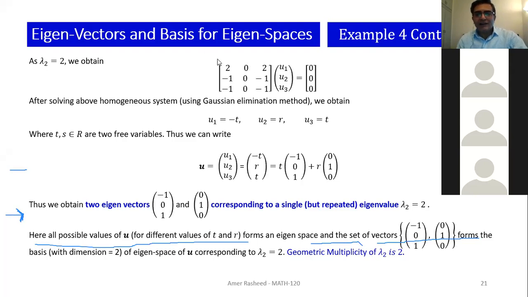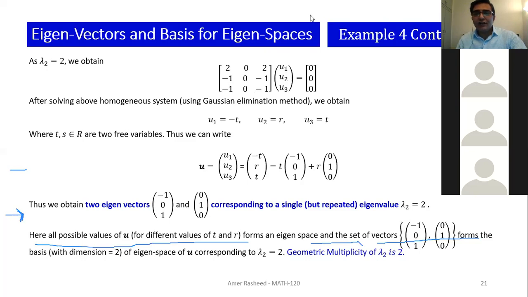Because the coefficient matrix is always singular, we must have at least one free variable in the solution of that corresponding homogeneous linear system. Agar free variable nahi hoga, so we will get only the zero solution. Because free variable nahi hoga, to ye jo coefficient matrix hai, ye non-singular hoga.